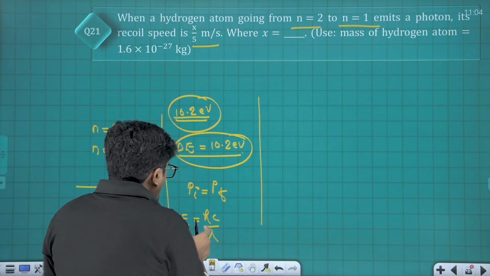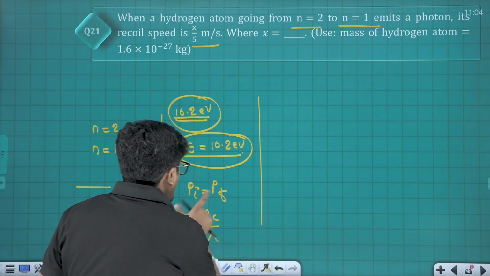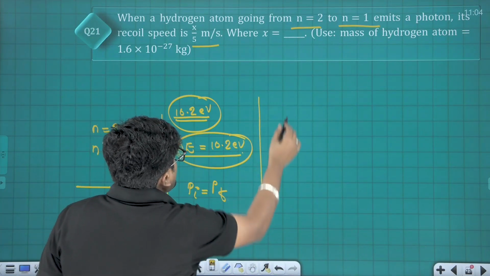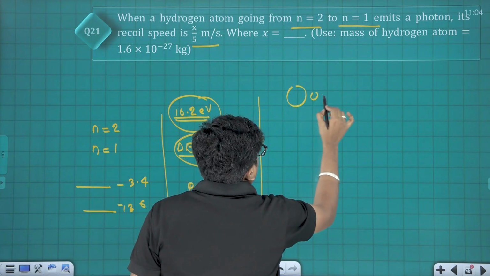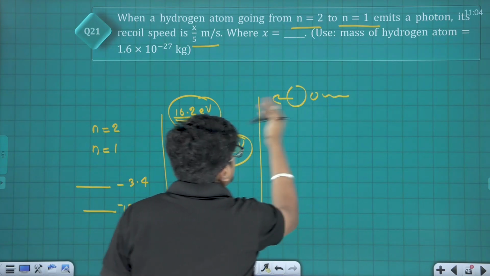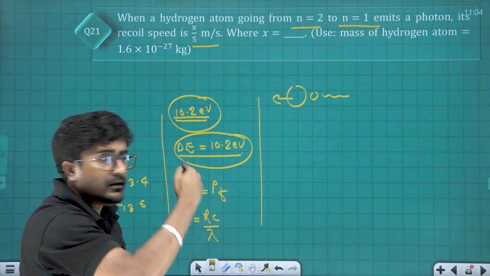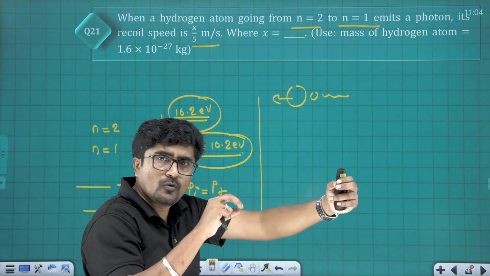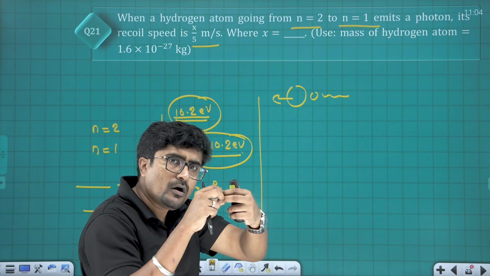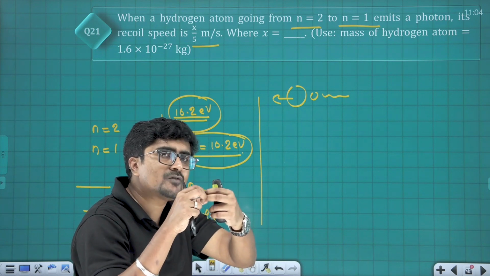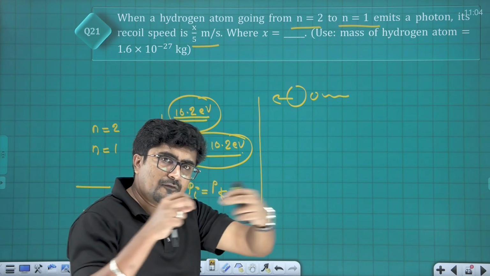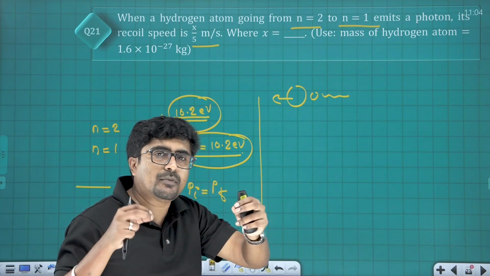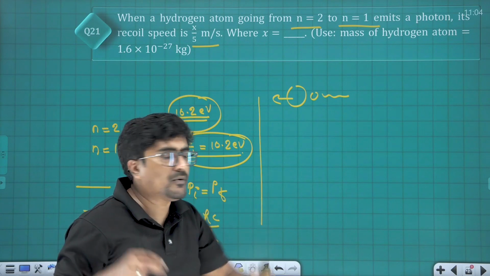As per the law of conservation of linear momentum, if the photon is emitted, the atom will move back. Before emission the linear momentum was 0, so if particle 1 moves in the forward direction, particle 2 must move in the backward direction.